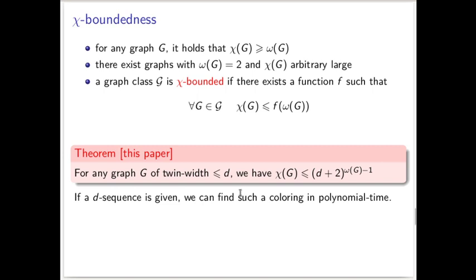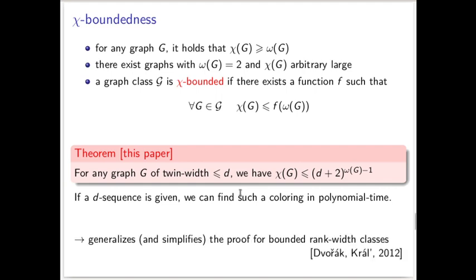As we will see, we roughly have to follow a greedy argument. So this generalizes and simplifies the proof for bounded rank-width classes. However, the function f we have here is exponential, and it is still open whether bounded twin-width graphs are polynomially chi-bounded.